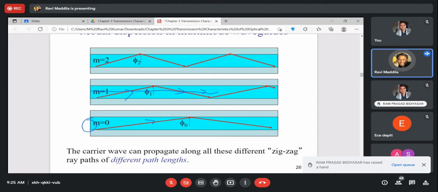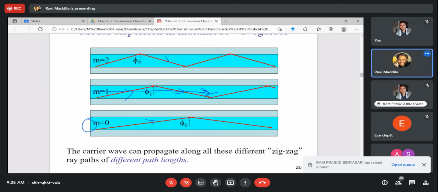When the path length increases, the time of arrival of the mode is later than the mode which has gone straight without any total internal reflection. I'm talking about this particular ray. So this would take the shortest time, and this would be taking the longest time among these three modes.